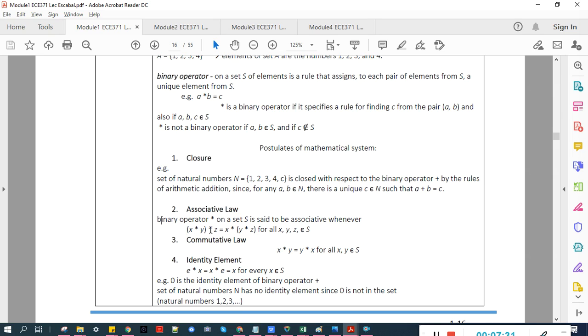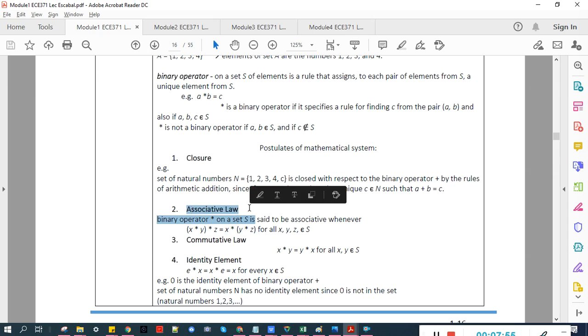So what is changed is the groupings. We first group x and y and perform the binary operation, while for the right side of the equation, we first perform the binary operation on y and z before x.